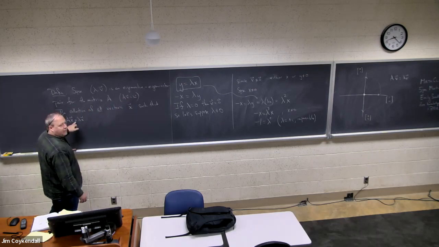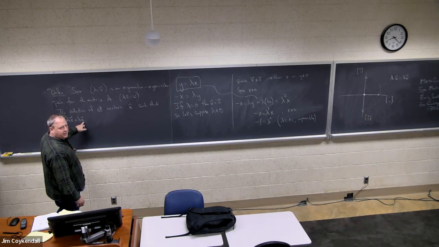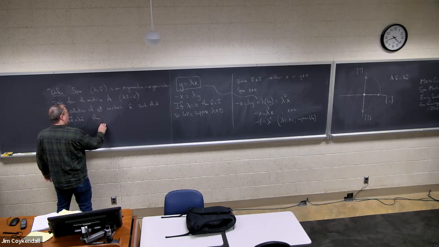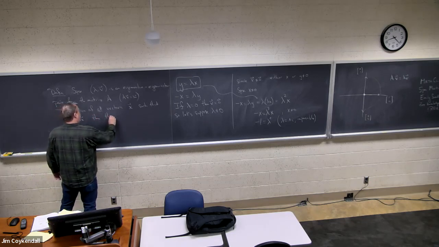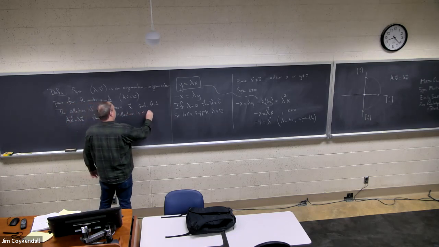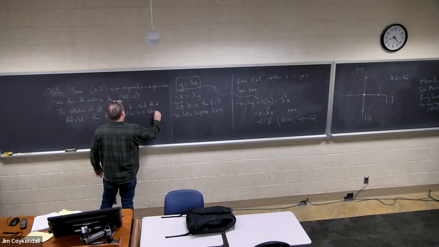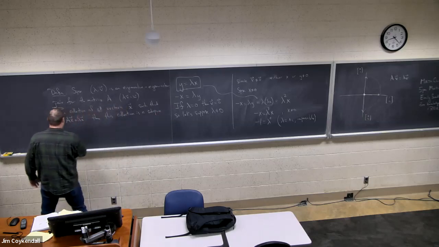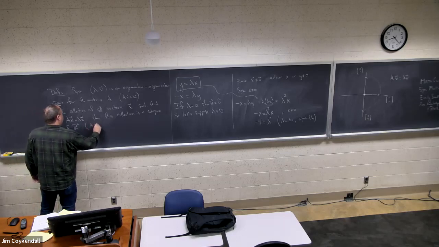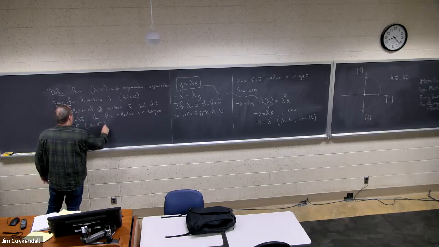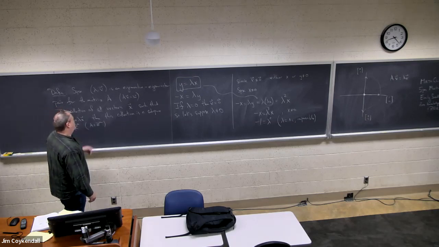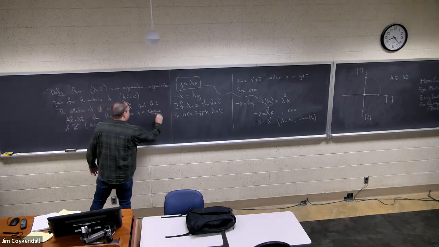If you look at every single distinct vector that balances this equation, then this collection is a subspace of R^n, where here A is an n by n matrix. This collection is a subspace.